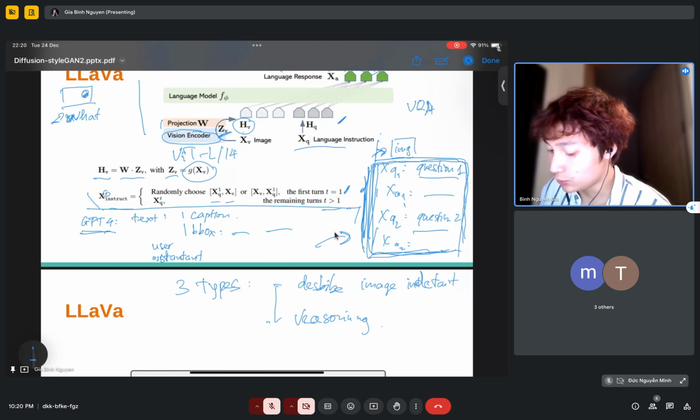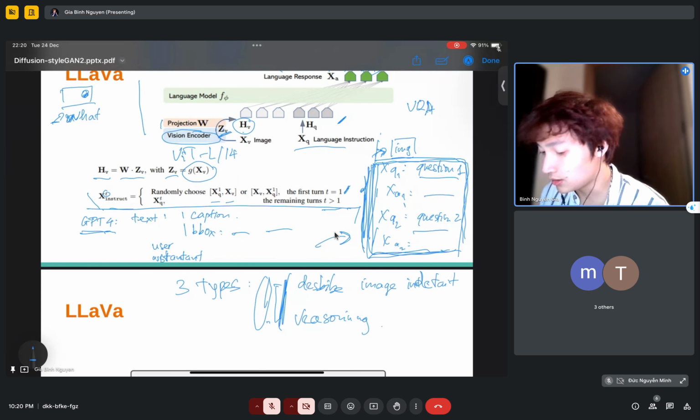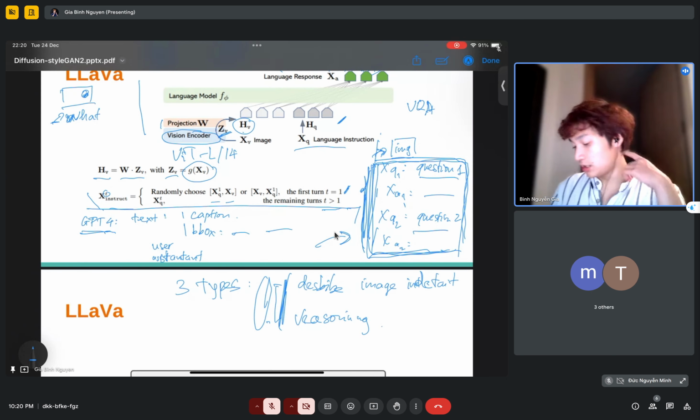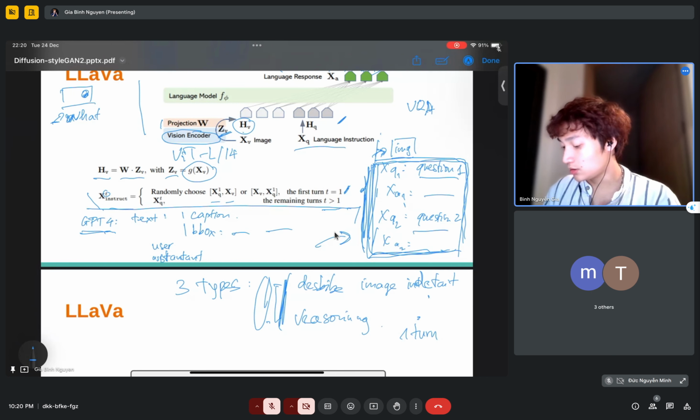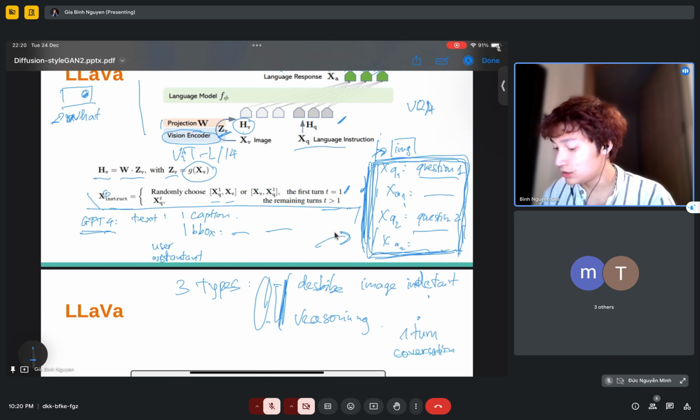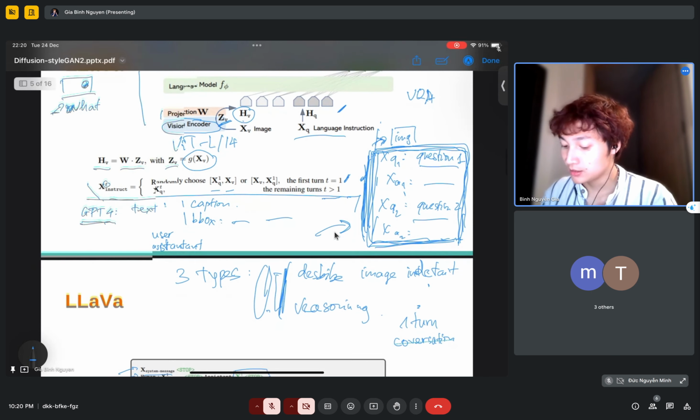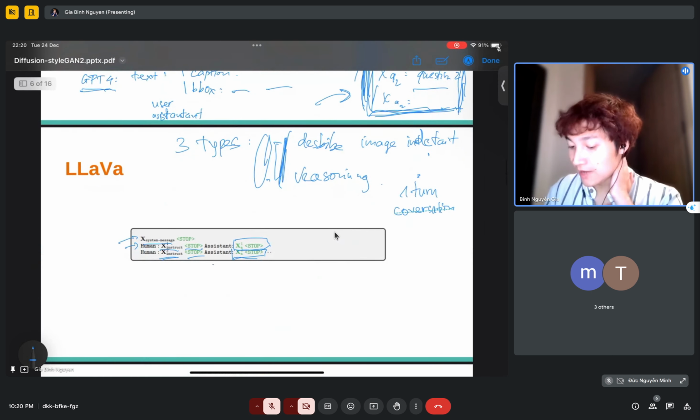With the two types of data, LLaVA will consider them like one-turn conversations, except this type, which will be considered a multi-turn conversation. So okay, that's LLaVA.